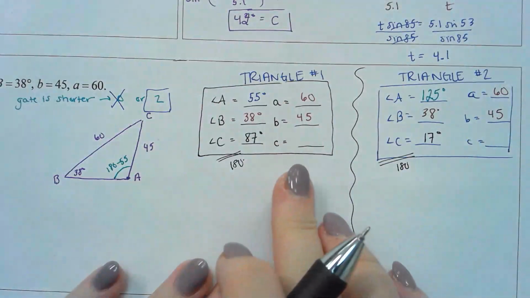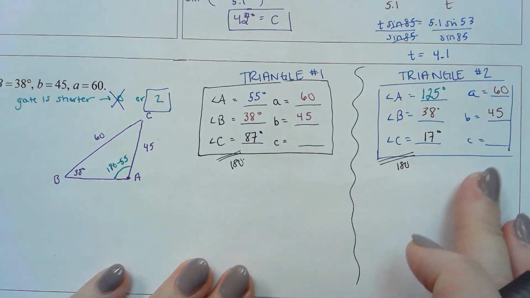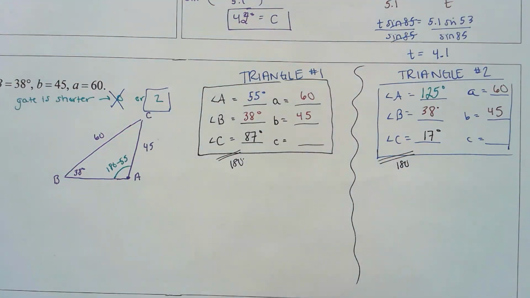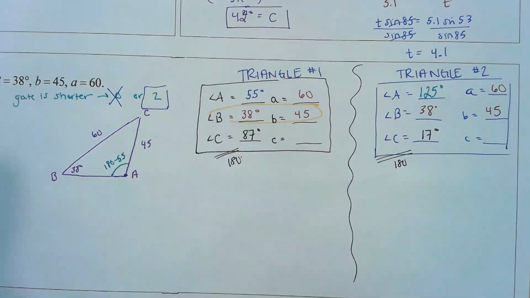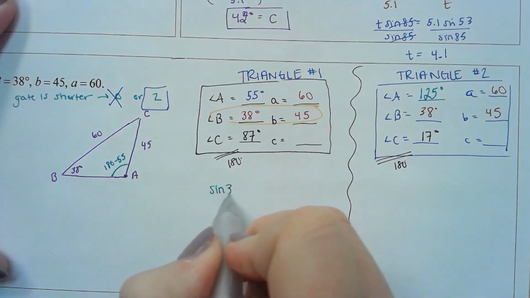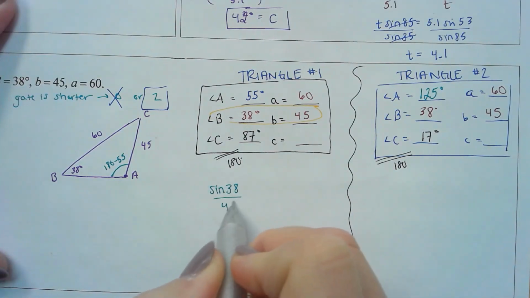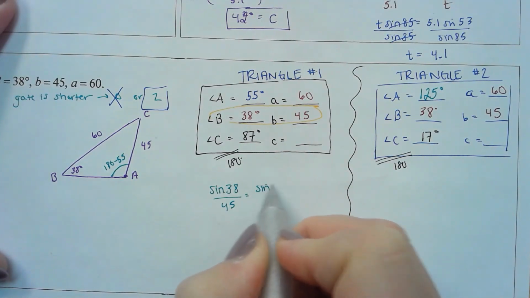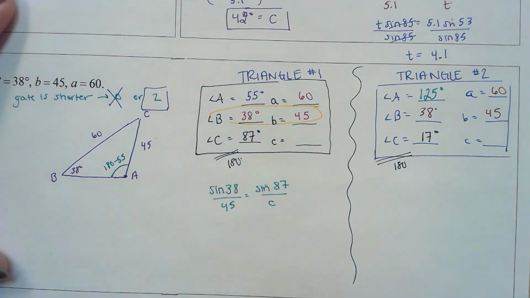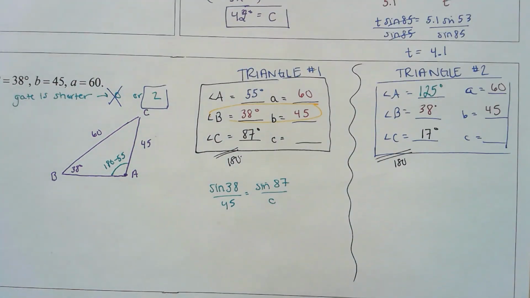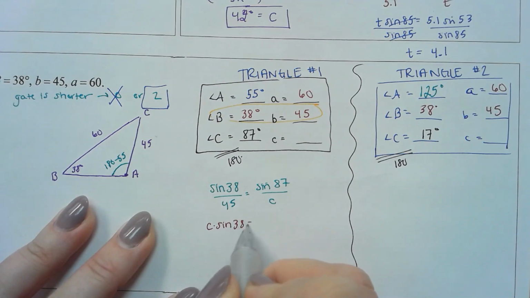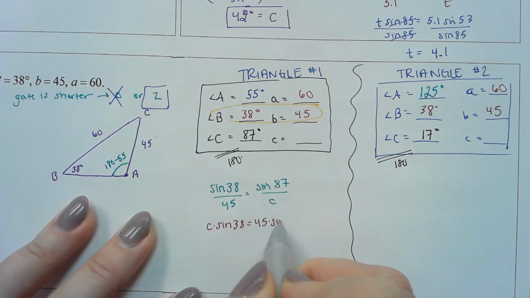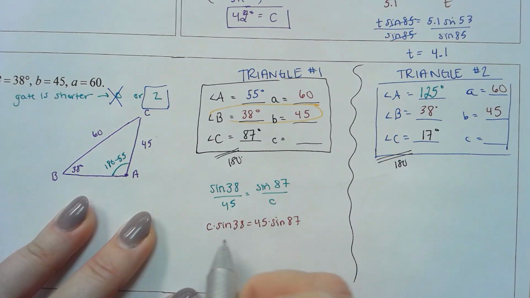Now, we just need to find side C. So I'm going to use the law of sines again. Remember, we started off with this angle and its opposite side. So I have the sine of 38 over 45 equals the sine of 87 over little c. And so I'm going to cross multiply, and then I'm going to divide.